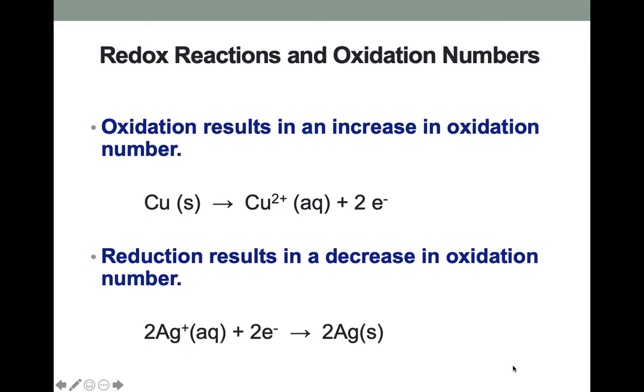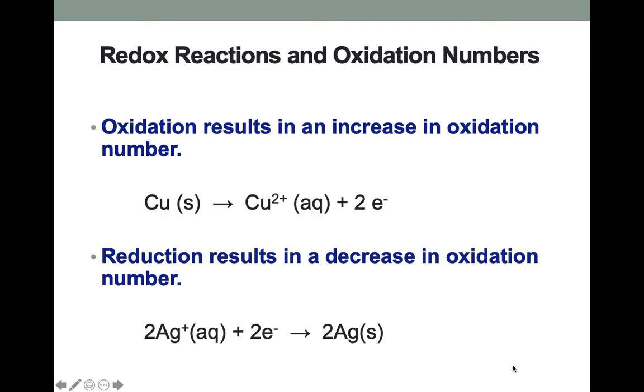Once they lose or gain electrons, then they have a charge, and they are called ions. So copper solid will lose 2 electrons, giving us copper 2+ plus 2 electrons, and this would be an oxidation reaction.